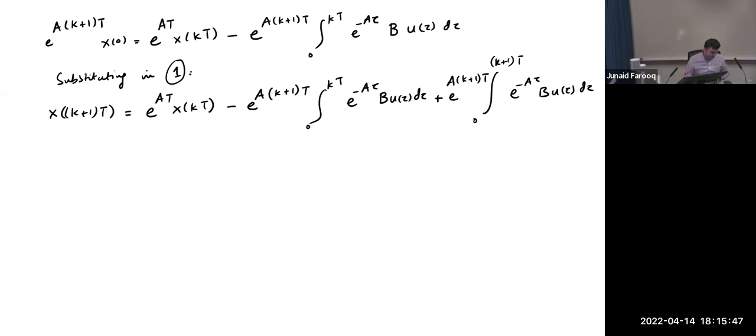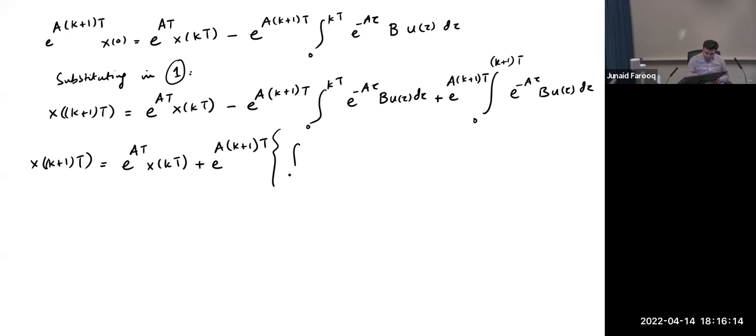So now we have the combination of these two equations. If we simplify, we will get e to the power AT x of kT plus e to the power A(k plus 1)T. Let's take this common.